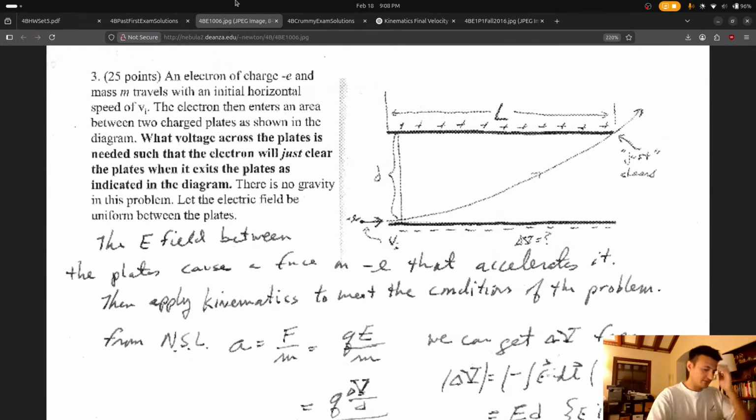Okay, so the first thing we can do is find the time. So V_i T is equal to L, T is equal to L over V_i. We must move D amount in the j hat direction in L over V_i time. Okay, so now how do we think about this?